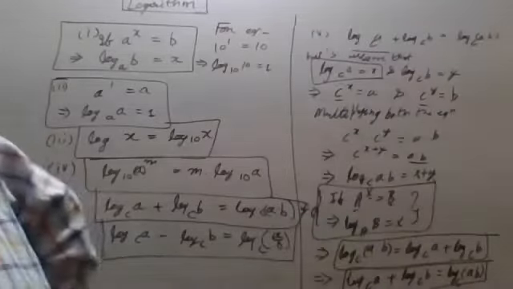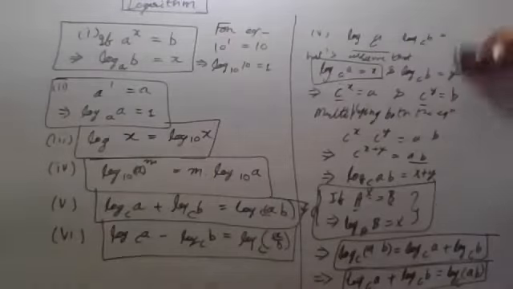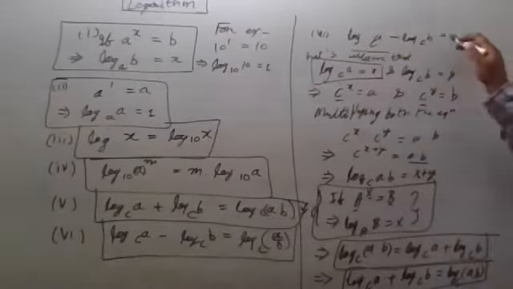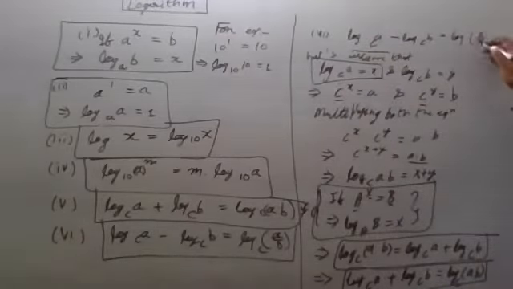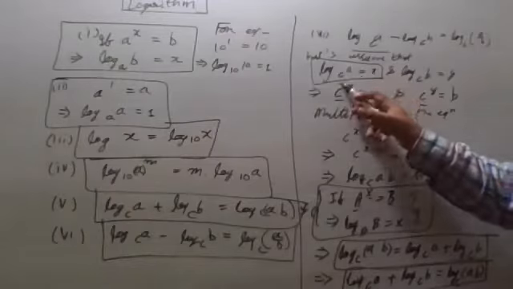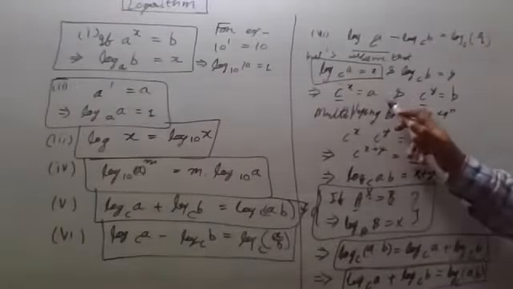So how to prove the sixth one? With the same method, first write the formula only. Log a base c minus log b base c, and we have to prove that it is equal to log a by b to the base c. So again we will assume the same. Log a to the base c equals x, log b to the base c equals y, c to the power x equals a.